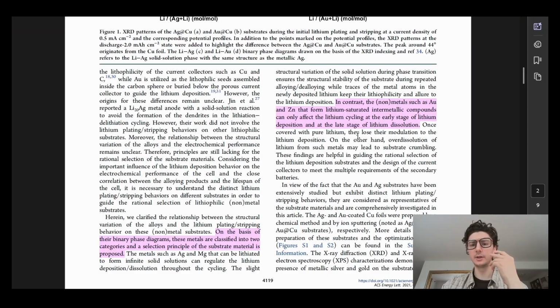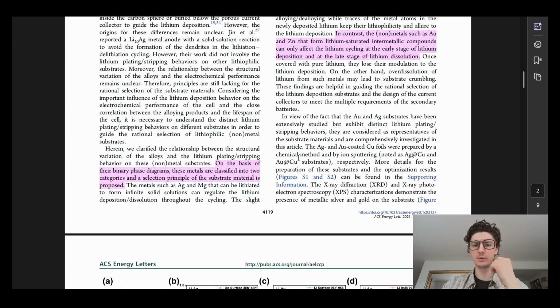Once covered with pure lithium, they lose their modulation to the lithium deposition. On the other hand, over-dissolution of the lithium from such metals may lead to the substrate crumbling. These findings are helpful in guiding the rational selection of the lithium deposition substrates and the design of the current collectors to meet multiple requirements of the secondary batteries.